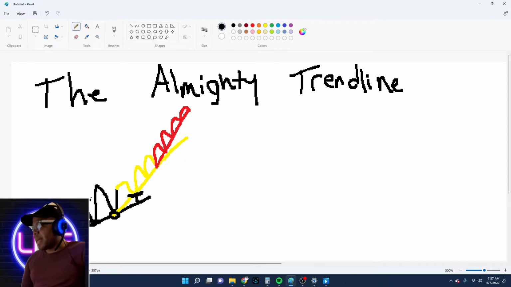So demand that's pushing this up on the bottom of this trend line started to come in earlier and earlier.